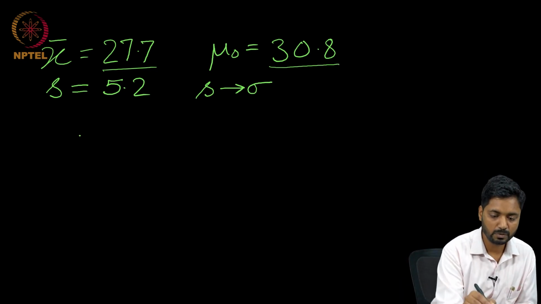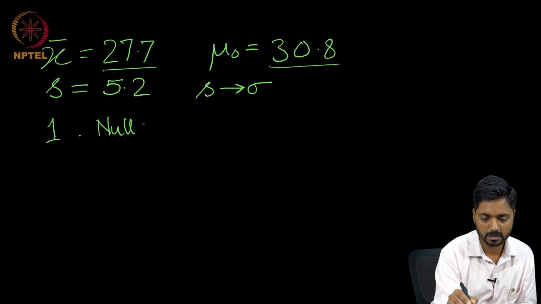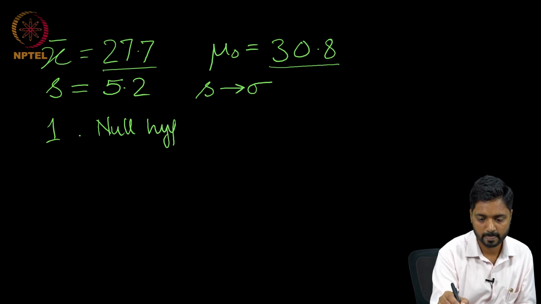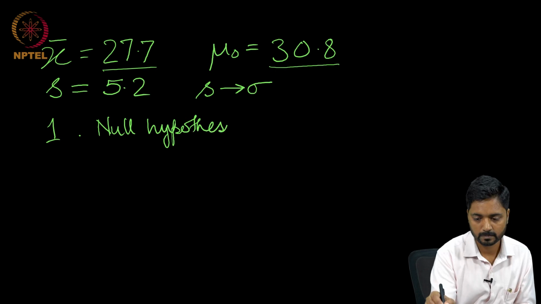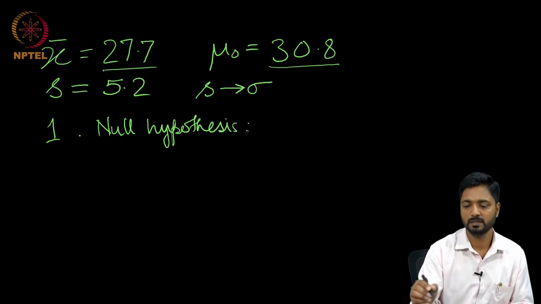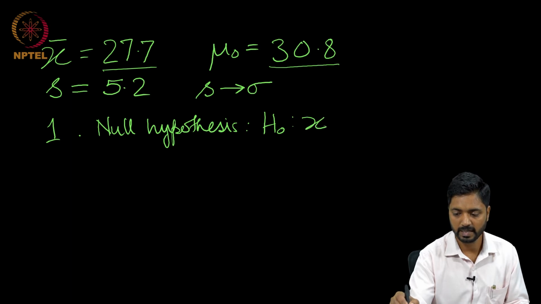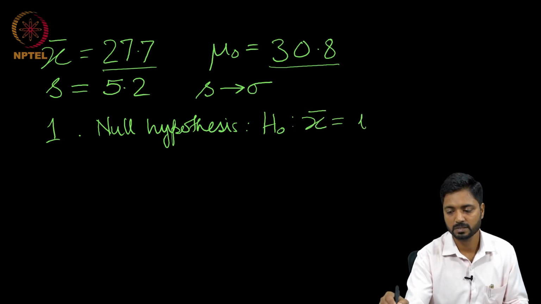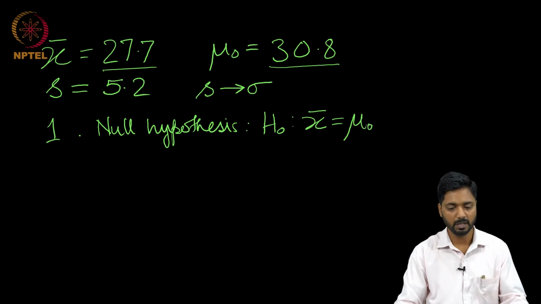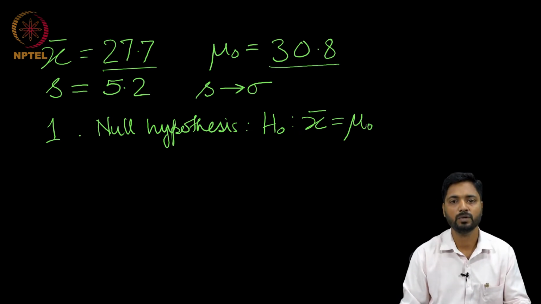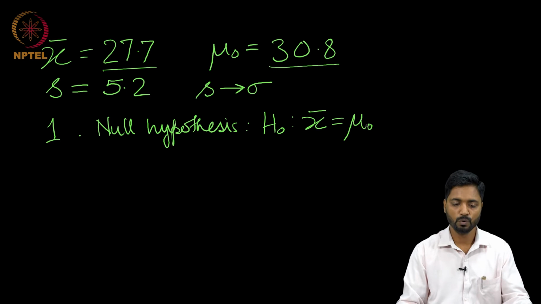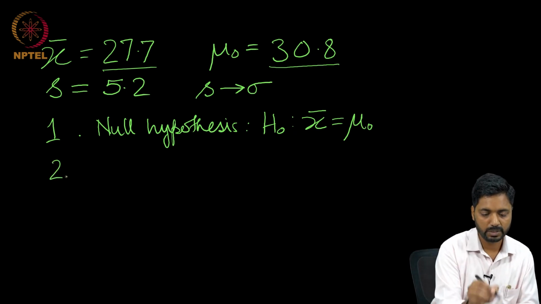So let us first do the null hypothesis. This presumes that the x bar value is the same as the mu naught value, and the veracity of this hypothesis is to be tested now.